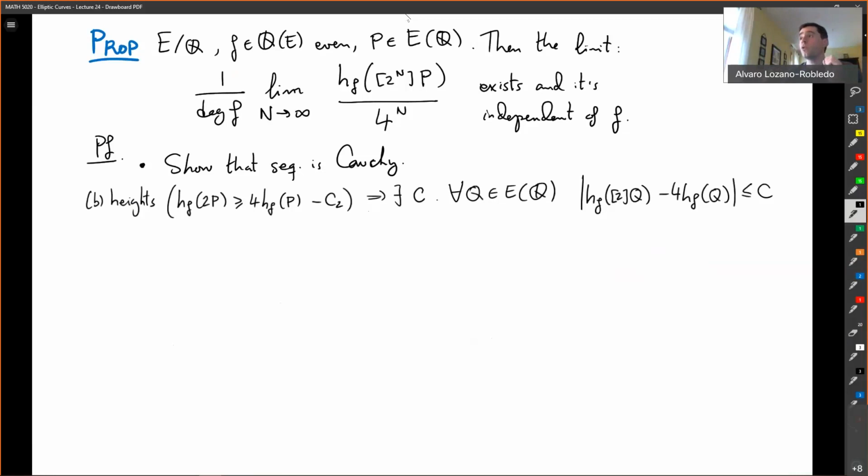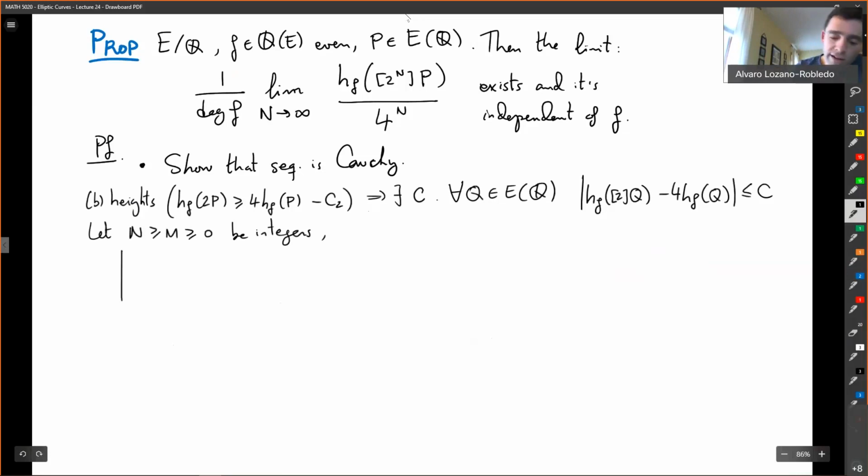Great. So now let n bigger or equal to m bigger or equal to 0 be integers, and look at the Cauchy property.